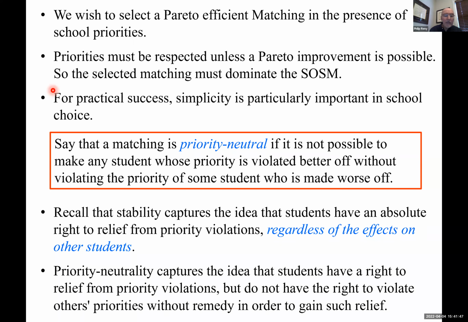On the other hand, priority neutrality, the thing I just defined, is meant to capture the idea that students have a right to relief from priority violations, but do not have the right to violate others' priorities without remedy in order to gain such relief. By without remedy, I mean without making them whole. So you can violate someone else's priority if you make them better off, that's okay.